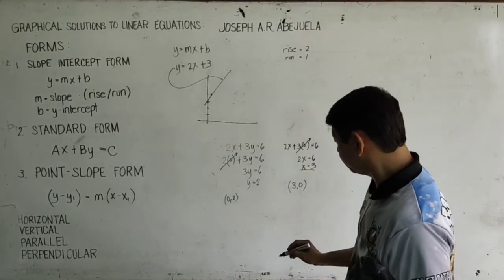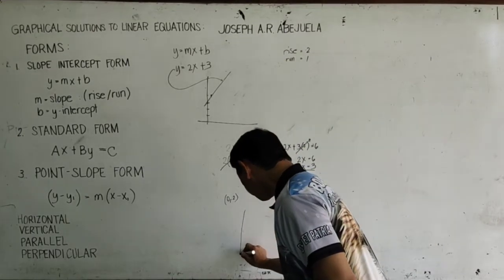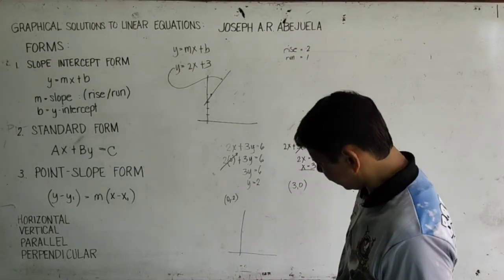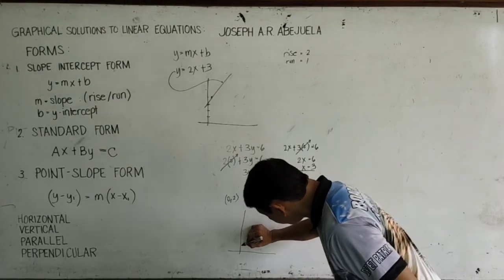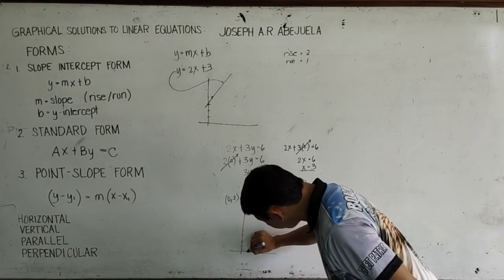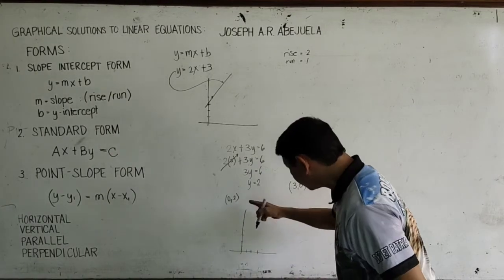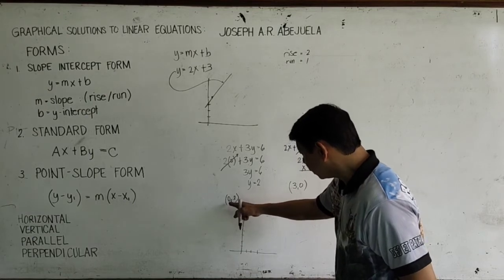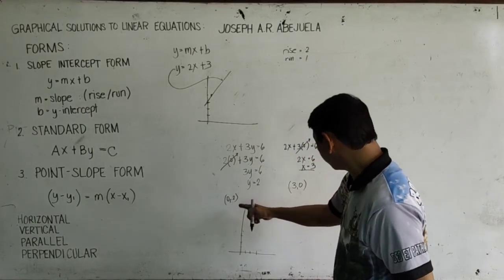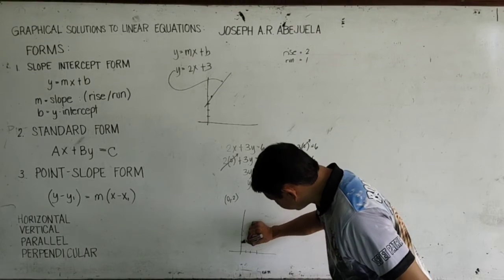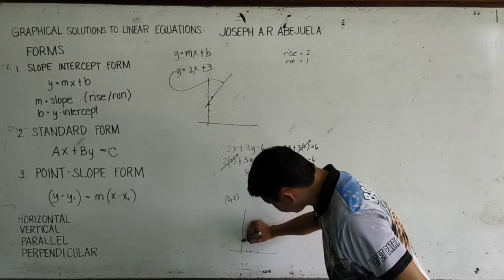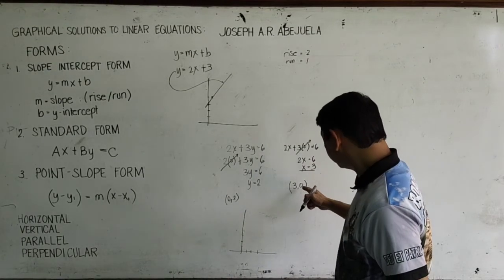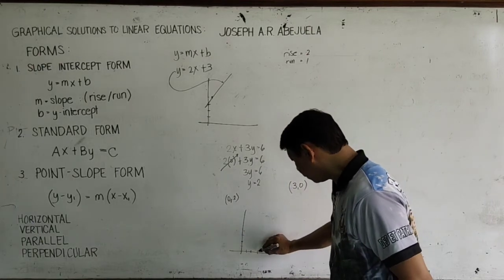So, plotting, graphing, we have 0 for x, 2 for y, and 0 for y, we have 3 for x.